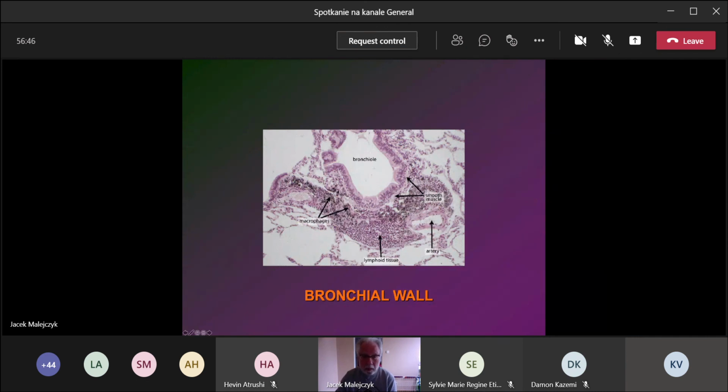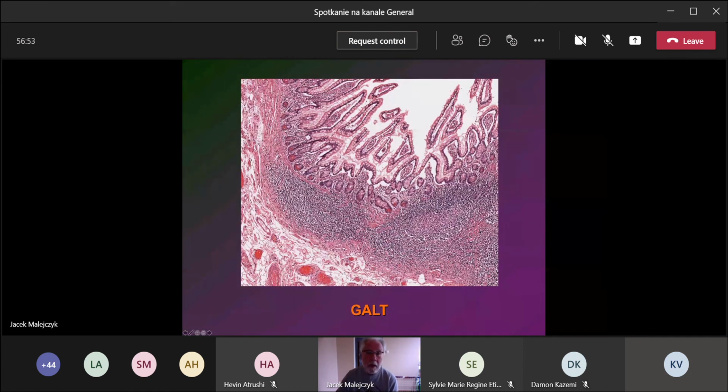Just to mention the lymphatic tissue I mentioned in the bronchial wall. As you see here, this is a bronchiole. Here there is an aggregation of the lymphatic tissue. Similar structures we can find in the alimentary tract. We can even see a follicle here.